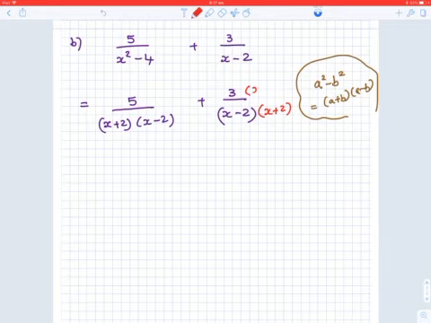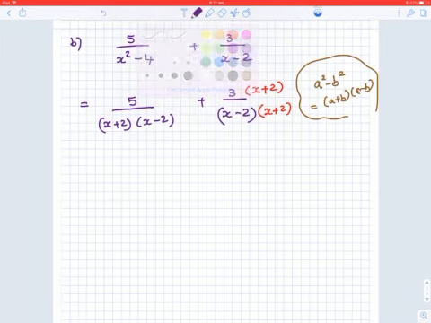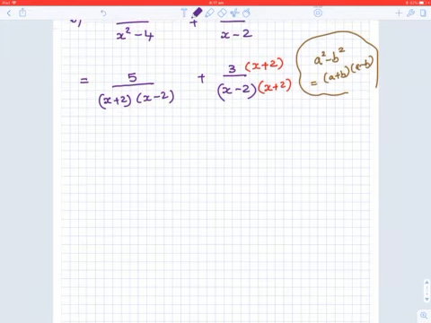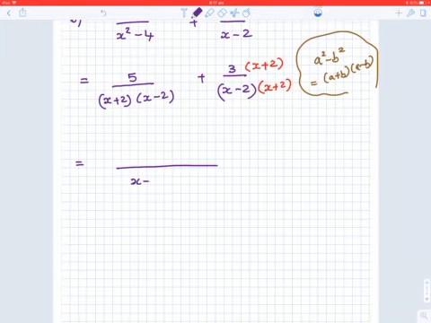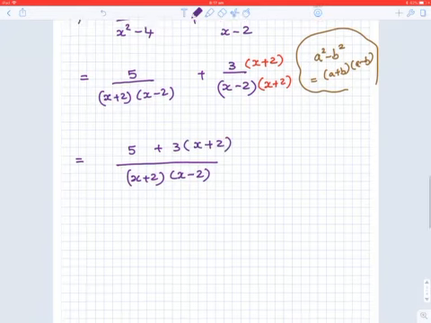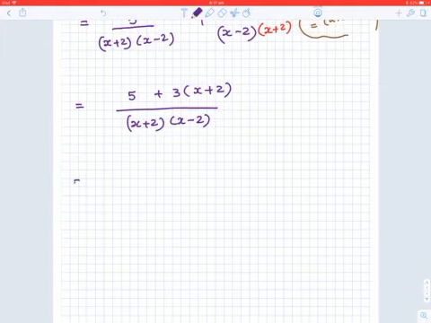If I multiply the denominator by x plus 2, I need to do the same with the numerator, x plus 2. Now both denominators are the same, (x plus 2)(x minus 2), so I'm going to write the common denominator as (x plus 2) times (x minus 2). In the first part I have only 5. In the second fraction I have 3 bracket x plus 2.